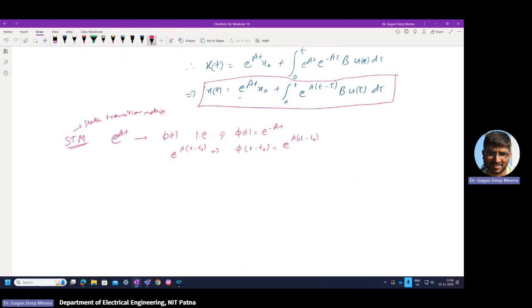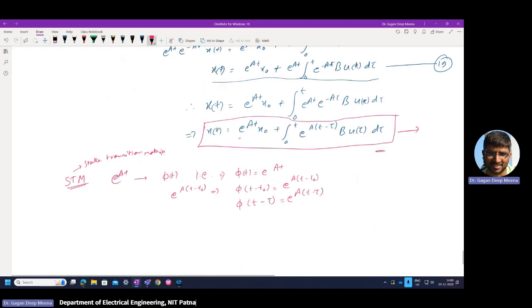Similarly, phi of (t minus tau) can be written as e to the power A(t minus tau).